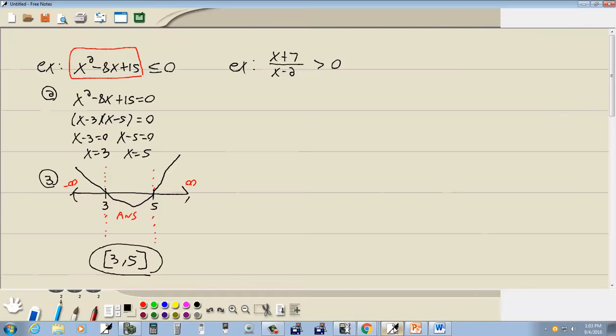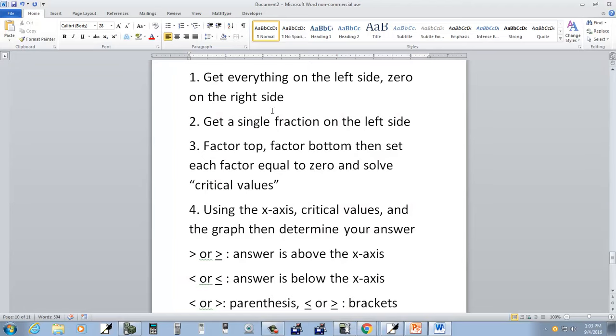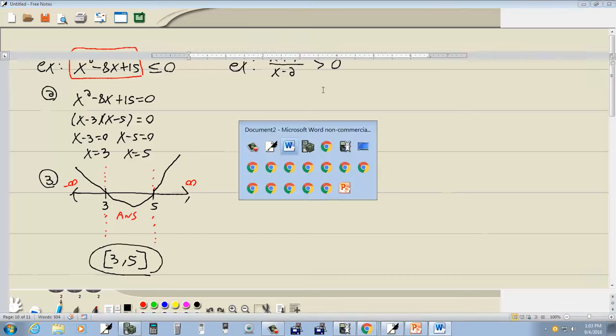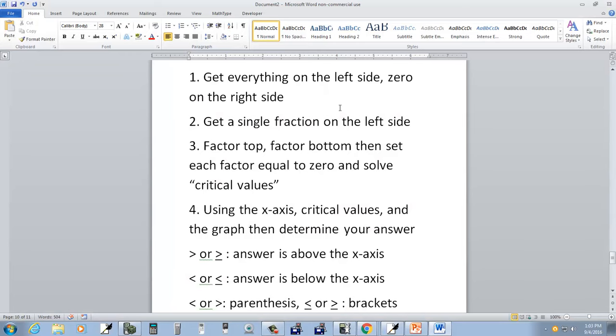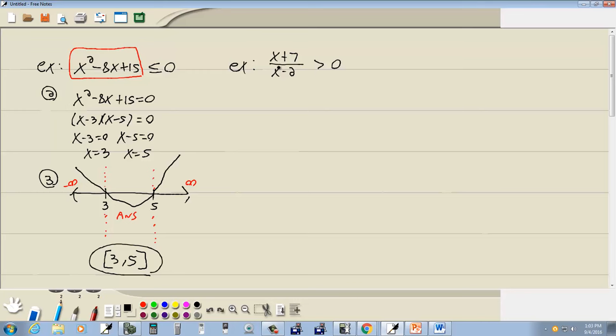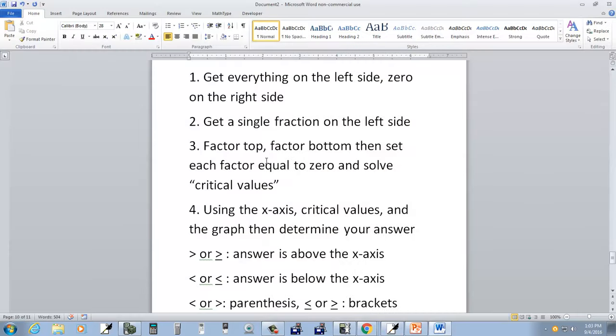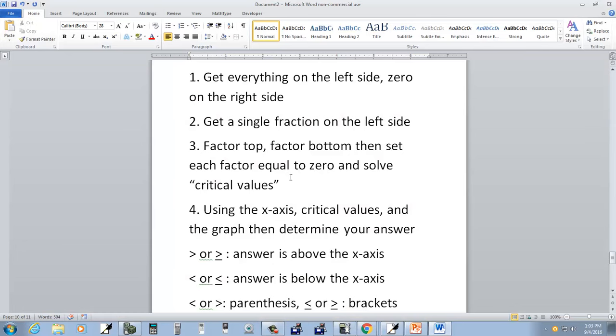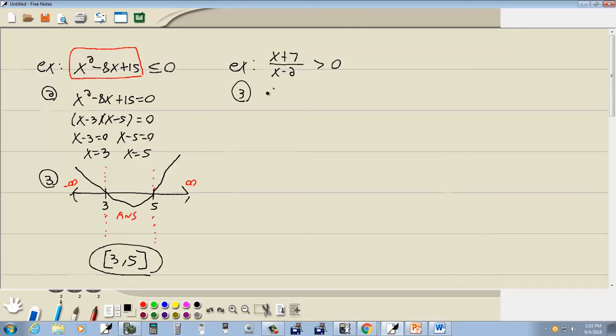Okay, let's take a look at this example I wrote down. Step 1. Get everything on the left side, 0 on the right side. Everything's on the left side, 0's on the right side. That's done. Step 2. Get a single fraction on the left side. We have a single fraction on the left side. That's done. Step 3. Factor the top, factor the bottom. They're factored as much as they can be. And then set each factor equal to 0 and solve.